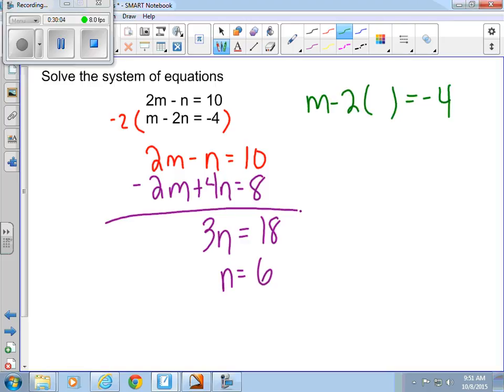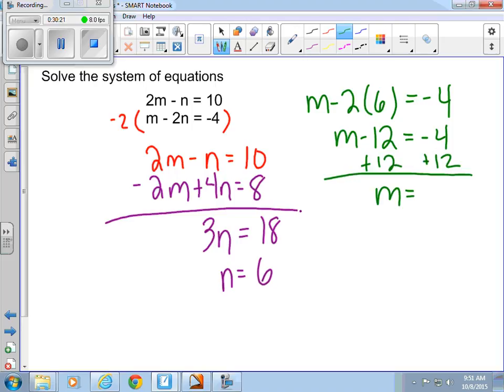Where that n was, I'm going to put 6. 2 times 6 is 12. So m is 8, n is 6.